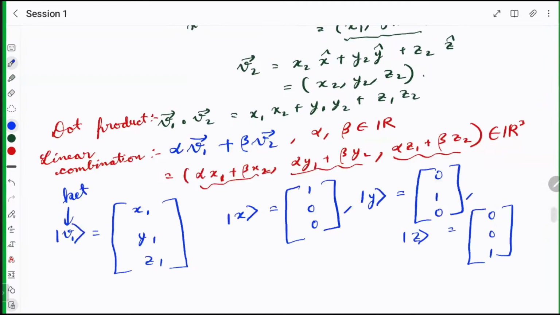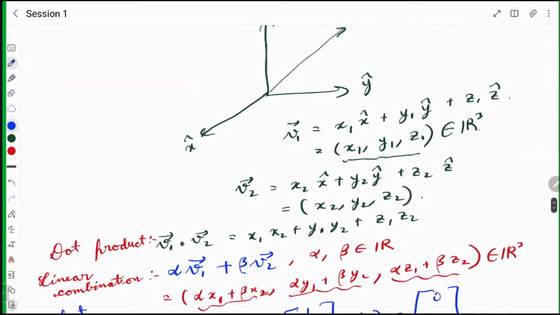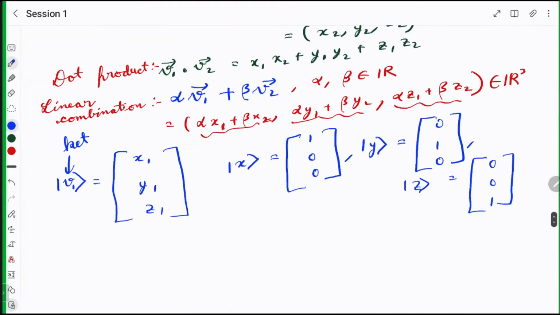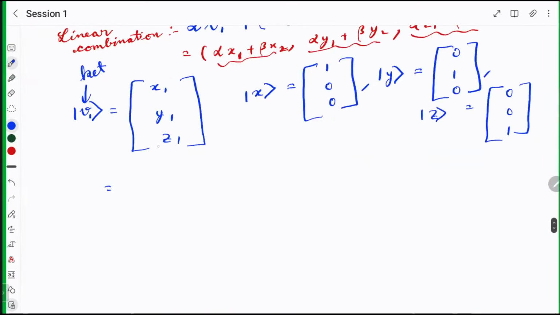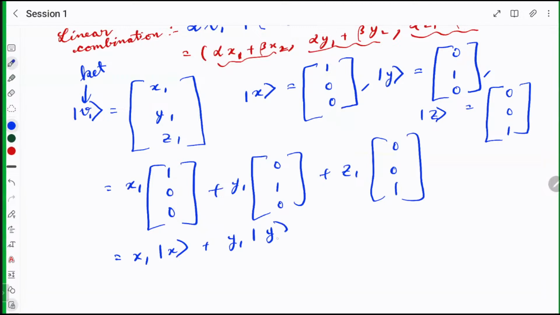And with this definition, you can see that we can recover this expression. So basically, you can break this matrix as x1 times 1, 0, 0 plus y1 times 0, 1, 0 plus z1 times 0, 0, 1. And so as we had defined, x1 x plus y1 y plus z1 z.